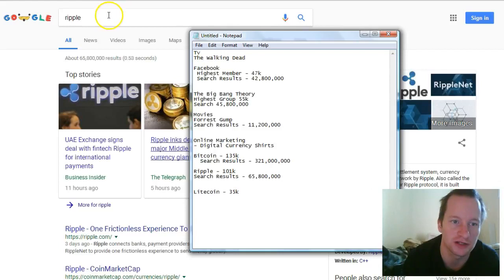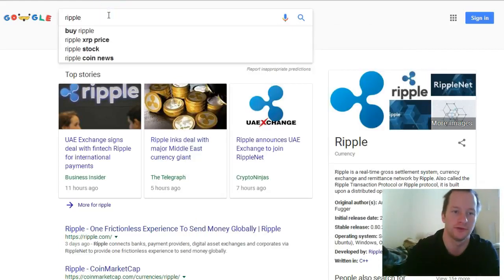So let's look at some shirts, see if they have any. Search for Ripple.